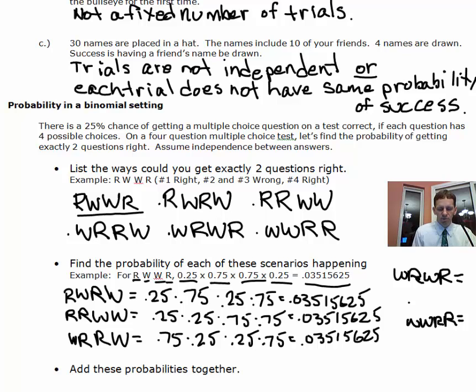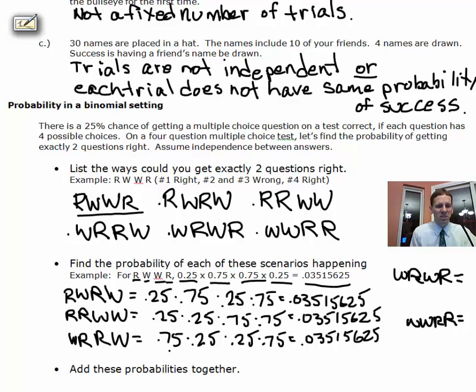I've taken the next 3 possible trial results here, RWRW, RRWW, and WRRW, and I've multiplied 0.25, 0.75, 0.25, 0.75, and I got 0.03515625. I did that for RRWW, same idea, 0.25, 0.25, 0.75, 0.75, same result.